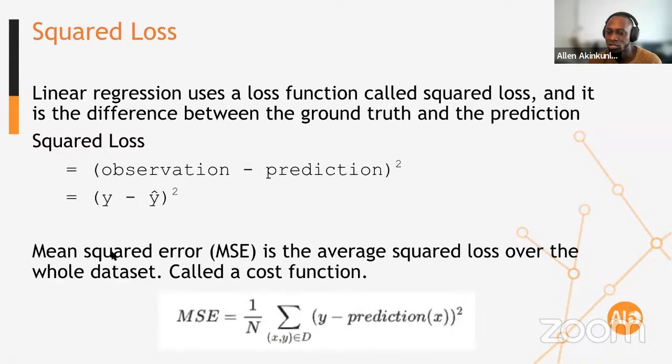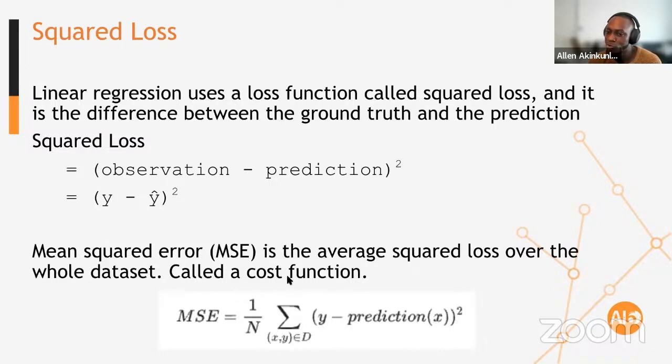And that's why it's called the mean squared error, MSE. So you hear something called MSE, mean squared error. And it's the average squared error loss over the whole data set, which is 1 over n, the summation of all of this. So you just sum all your loss together and you can find the average. This is what this means, by the way. This is just average, right?